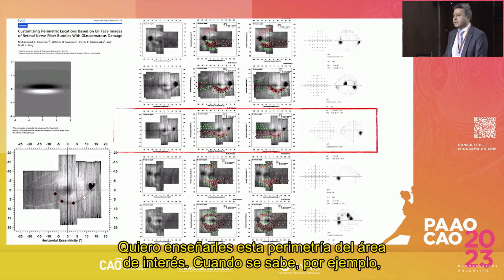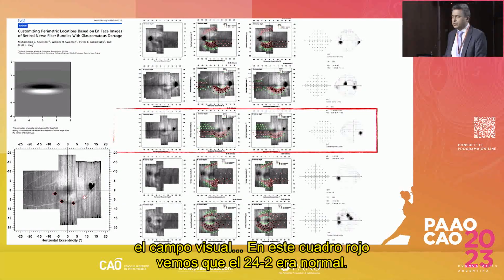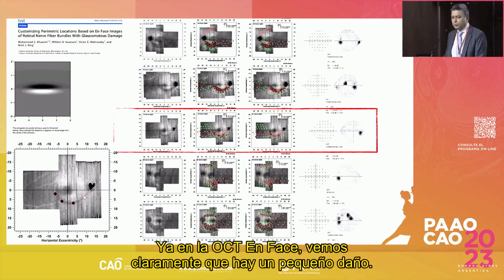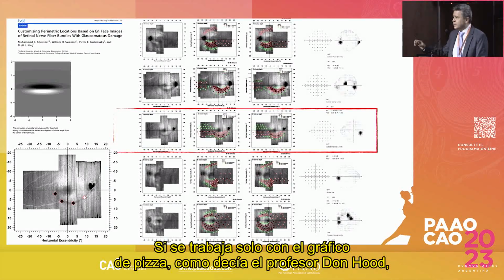And this is something that I really like to show. This is perimetry in an area of interest. For example, in this visual field, this red sign shows that the 24-2 was normal. If you look at the en face OCT, there's a clear damage there, but it's a small one.